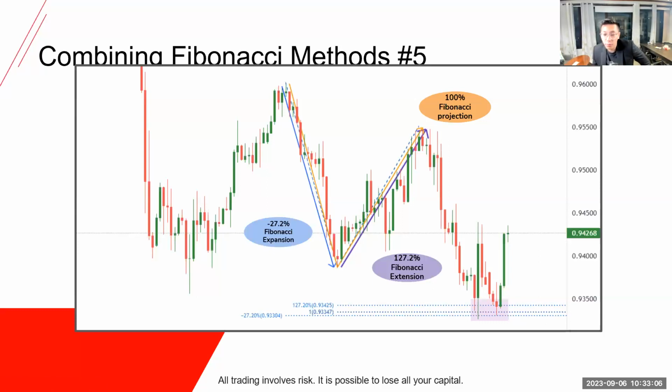So right here we have our projection level, top, bottom, and top. This shows Fibo confluence, then negative 27.2% expansion and 127.2% Fib extension.